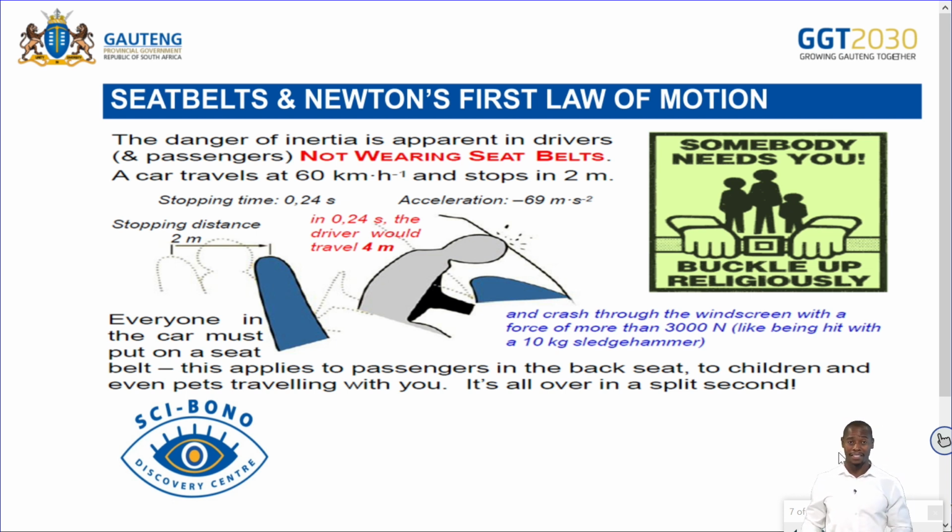If the bus starts to move, what will happen to you? You start moving backwards. Why? It's because of your inertia. You are trying to resist a state of motion. So that is another application of Newton's first law.